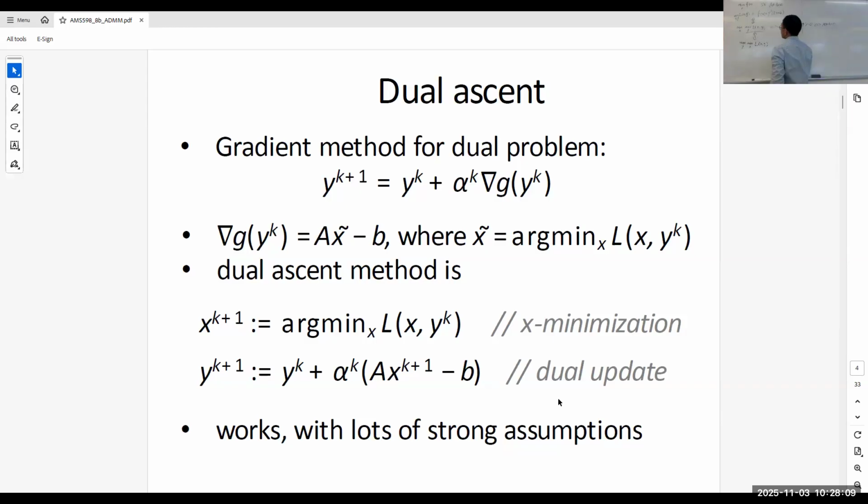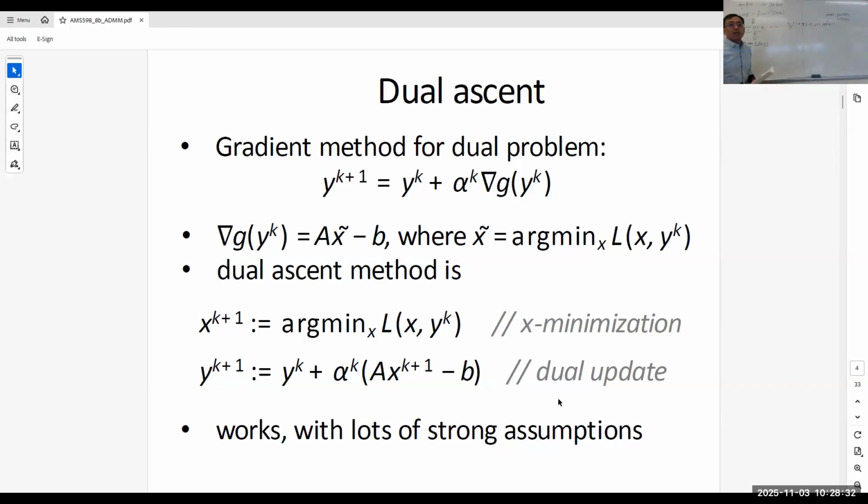So this is our primal problem. This is our dual problem. Then this condition right here is called the primal feasibility condition.